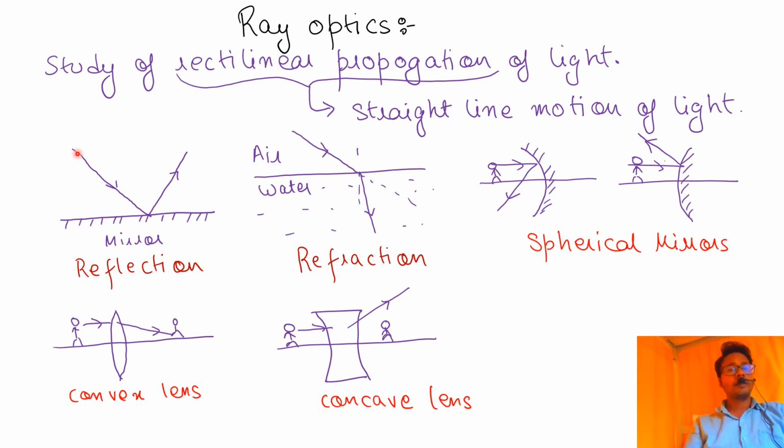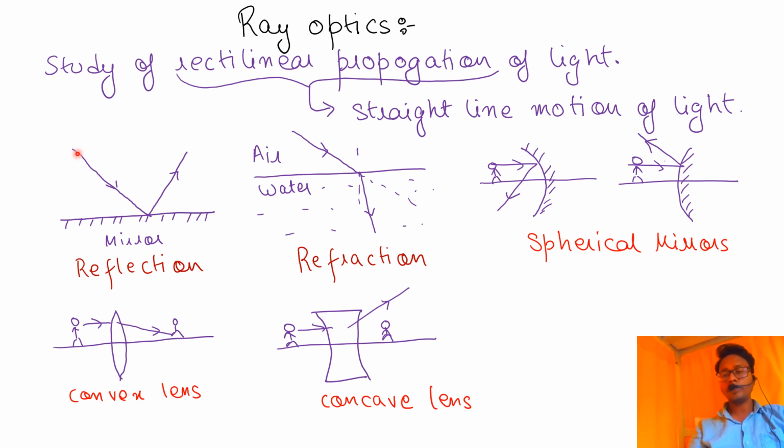Nobody has actually seen light travel. Light travels at a very fast speed, around 3 into 10 to the power 8 meters per second. So how do we determine the properties of light? By conducting experiments. A few experiments are best explained by the straight line motion of light, and a few other experiments are best explained by the wave nature of light.